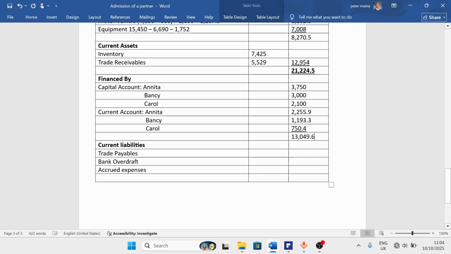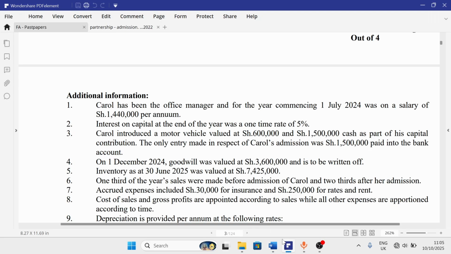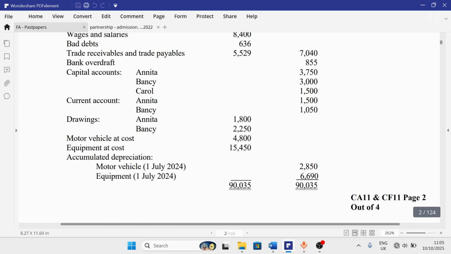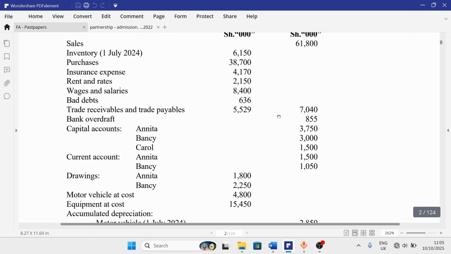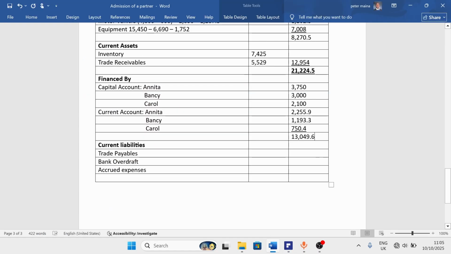The first item we have there is trade payables. So we go to the question and find the amount for trade payables. So trade payables, the amount is given as 7040. That is the trade payables amount, 7040. So we record here 7040, and then we had bank overdraft.